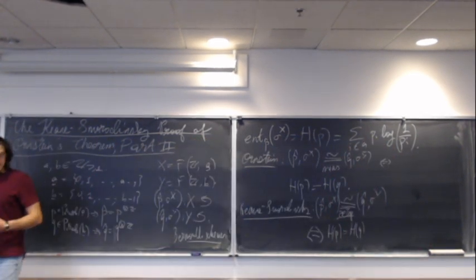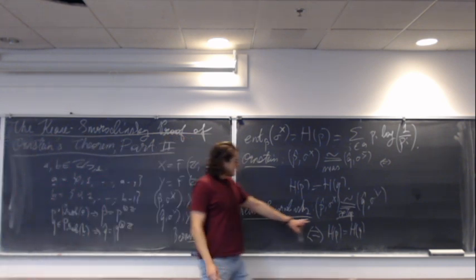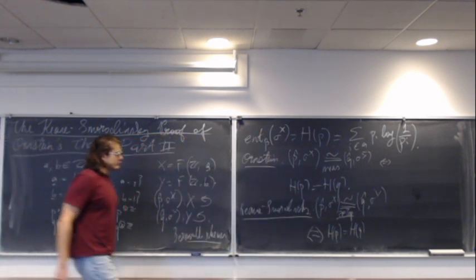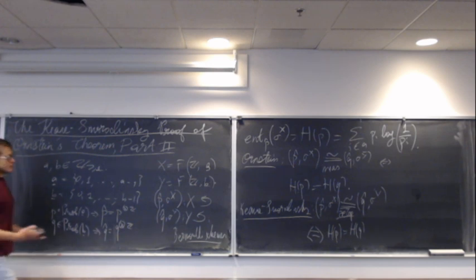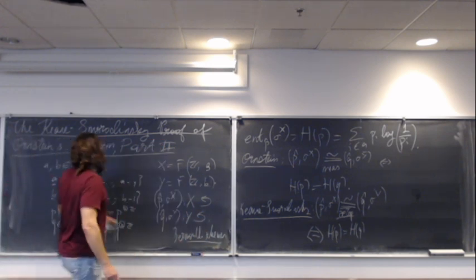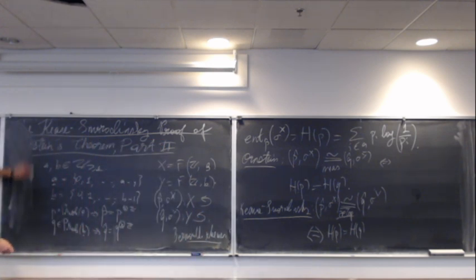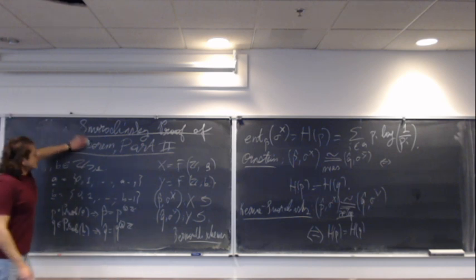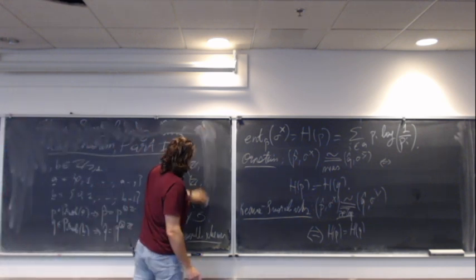And recall that I was using this symbol, a.e., to denote almost everywhere. And perhaps I should write that down because that was one of the things that I had promised I was going to go more into detail on.